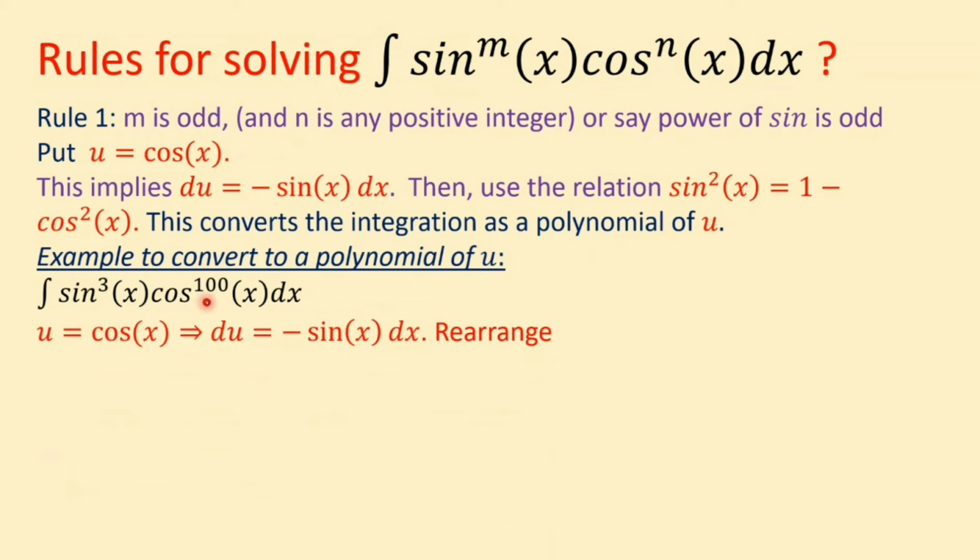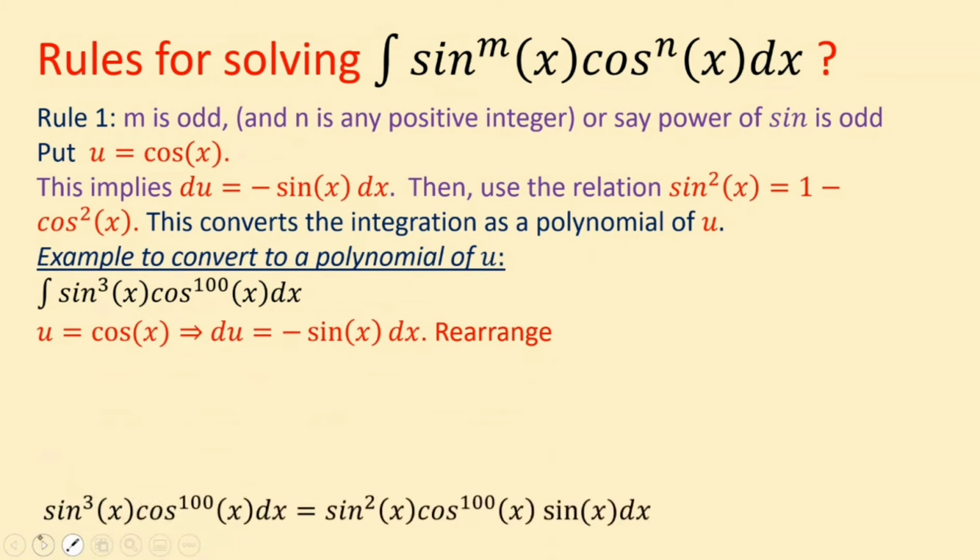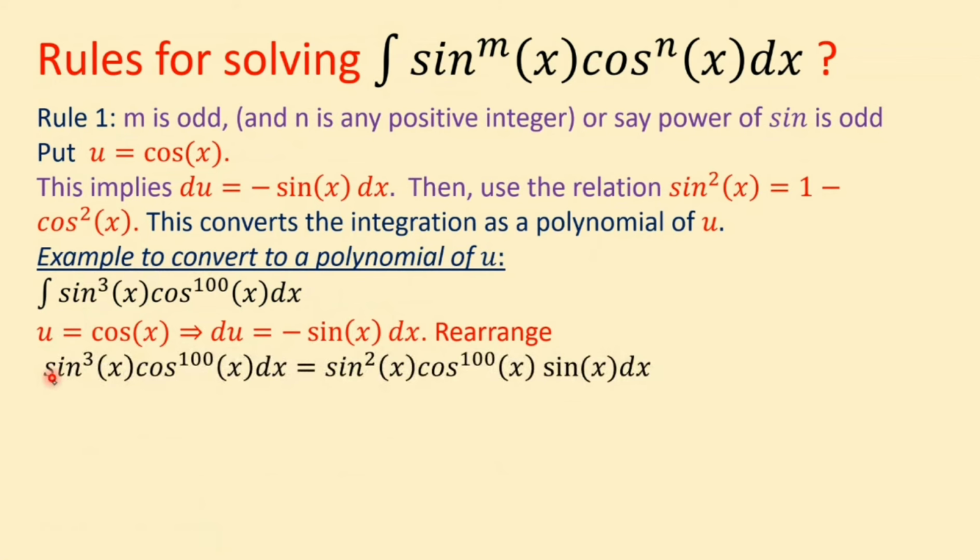Now rearrange the terms. We can write sine to the power 3x cosine to the power 100x dx as sin square x, because I need sin x dx together, so I separate one sin x from the power 3, so it becomes sin square x, and here it is sin x dx.